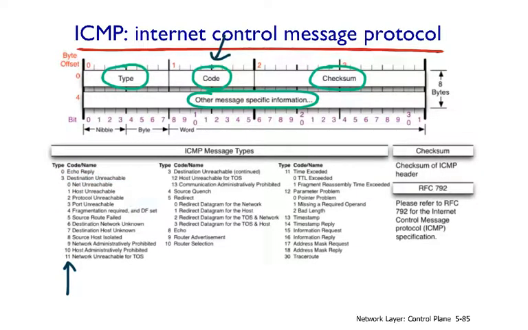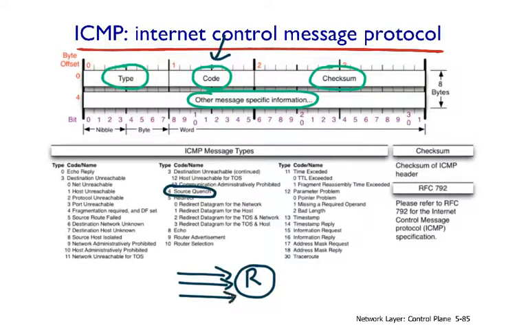Another type of ICMP message is type 4, source quench. It is related to congestion. Imagine we are a router and we are receiving traffic very fast, and we cannot handle the traffic because we have problems with our buffer because it's filling full.